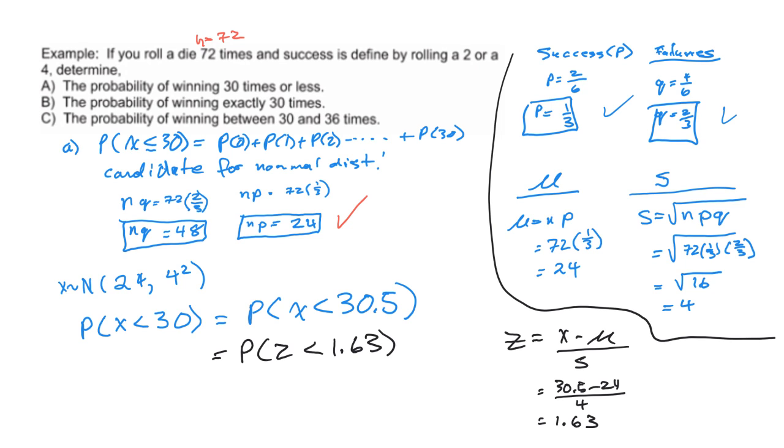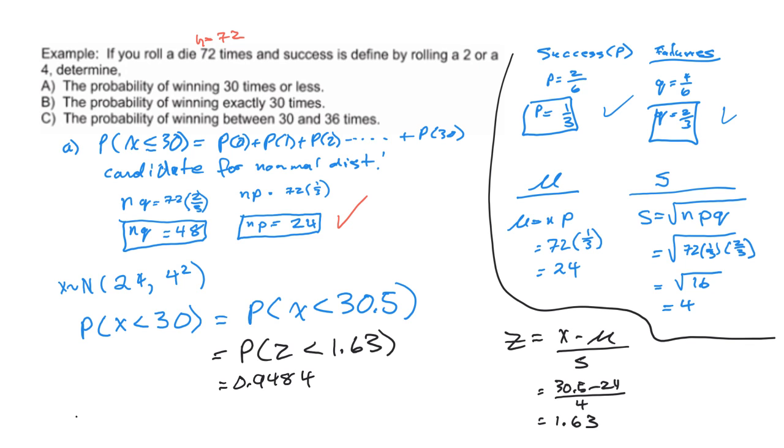And then all we have to do is refer to our Z-score table to get our probability, which gives us 0.9484.